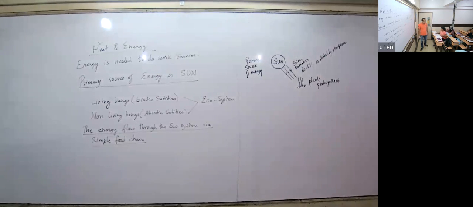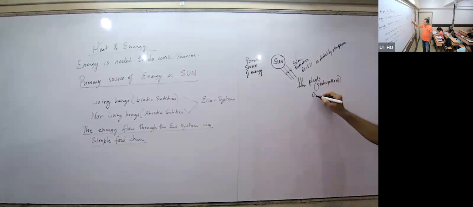So plants, through photosynthesis, convert the solar radiation into the form of organic compounds.